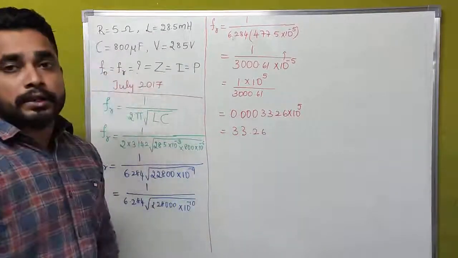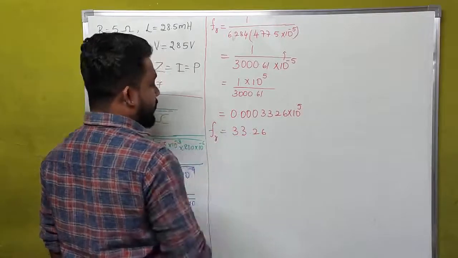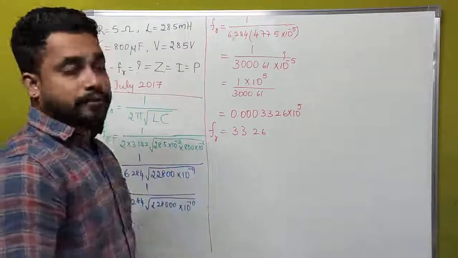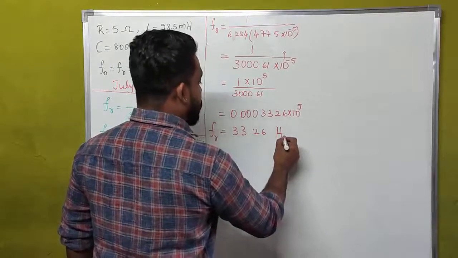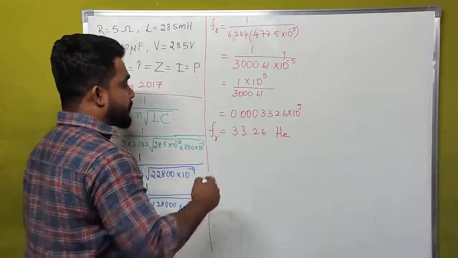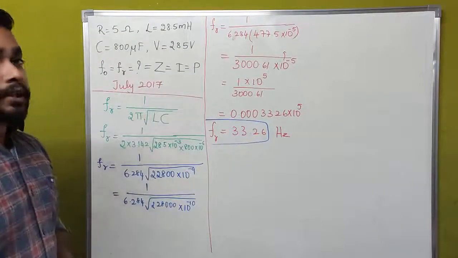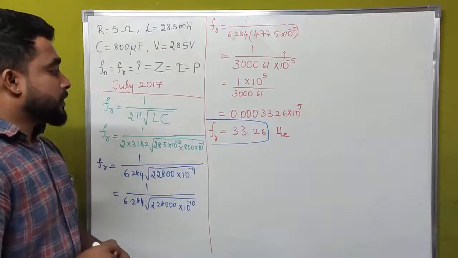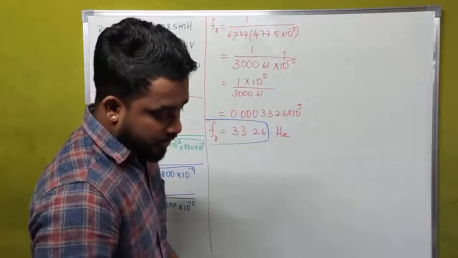That means 33.26. What we are finding out here is the resonant frequency. So 33.26 hertz is the resonant frequency of the series LCR circuit.